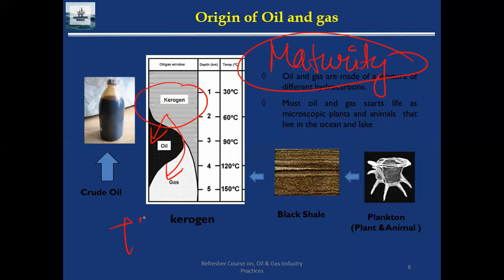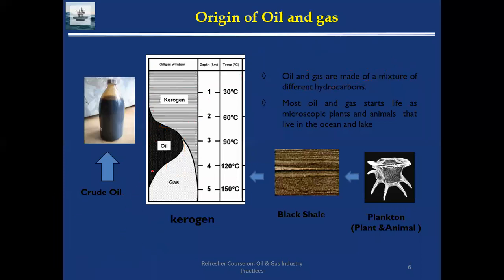That means as the temperature increases, the existing compounds, the existing hydrocarbons, are subjected to transformation, to changes in their properties, right? So this is what happens. That is why the oil and gas society doesn't keep a particular block for a longer period of time, because there might be issues of migration as well.